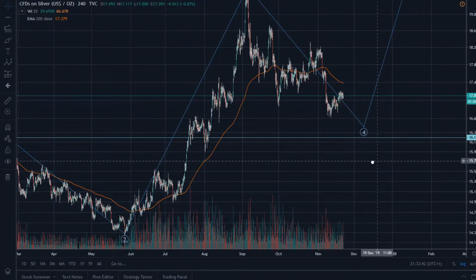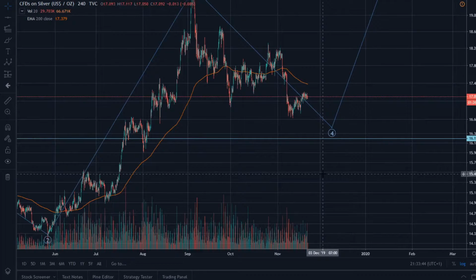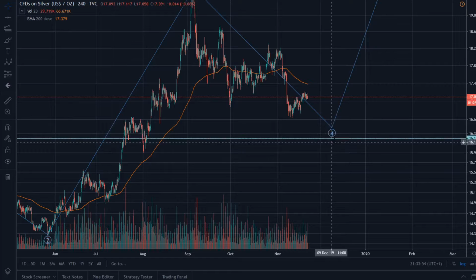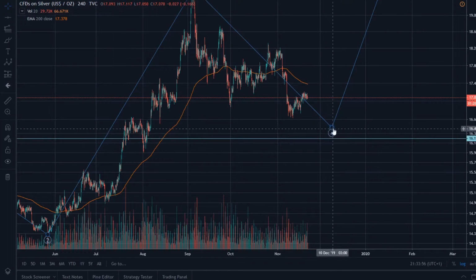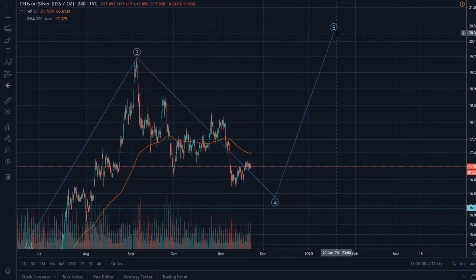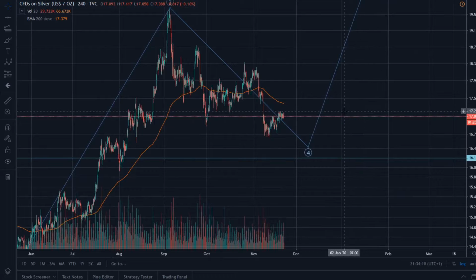So if you're not already long in silver, this would be a pretty good spot to go long, just because you could have a very tight stop loss, maybe below this make or break at 1619, 1618, just to be sure, and a very good chance to go all the way up to $20.